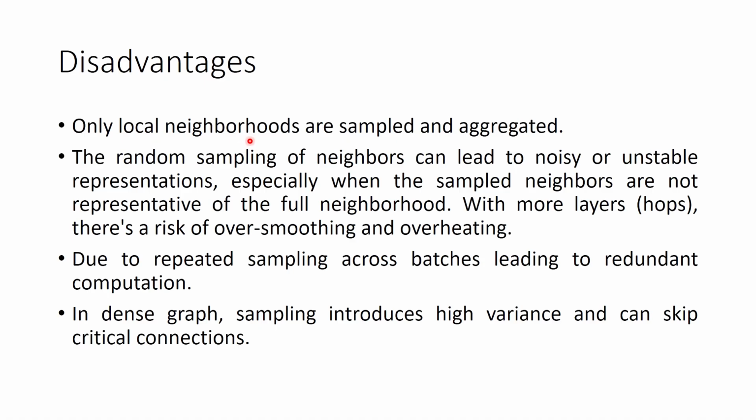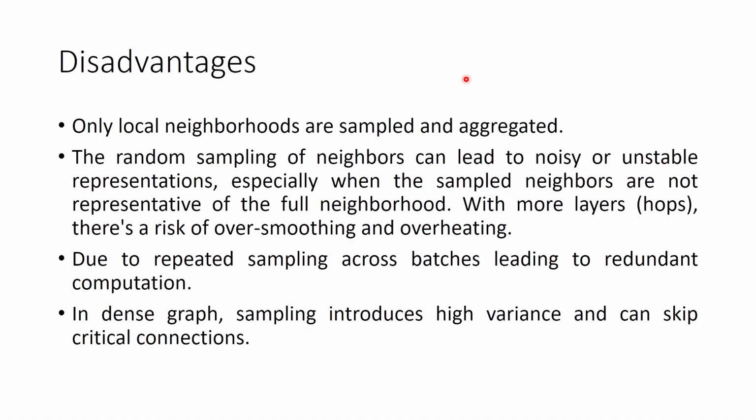Disadvantages: only local neighborhoods are sampled and aggregated. As I said in the previous video, let me remind you again. When we do this, it only takes k hops. Let's say we take 1, and sometimes we take 2. Maximum we take 3, or 4, to avoid oversmoothing.